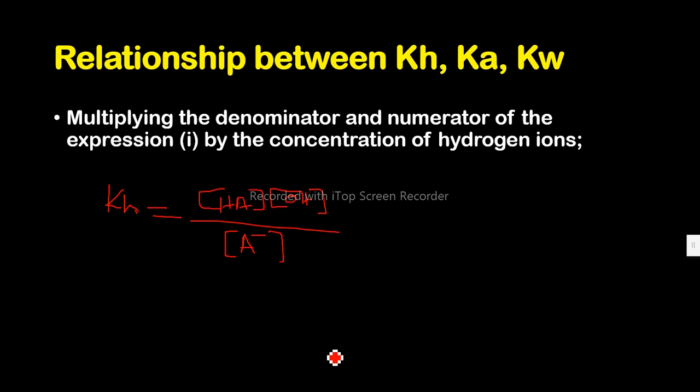Now if we multiply by the concentration of hydrogen ions, both sides, top and bottom, it has no harm. There is nothing that has changed, because the concentration of hydrogen ion over itself is the same as 1, and if you multiply this by 1, it remains the same. Are you able to see that?